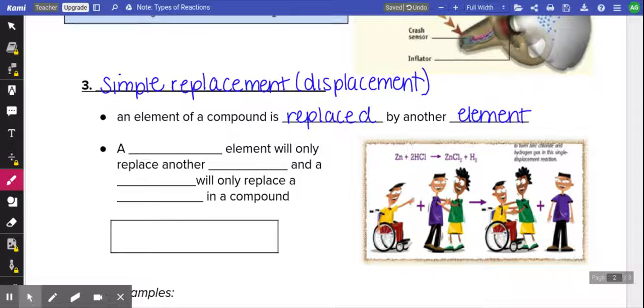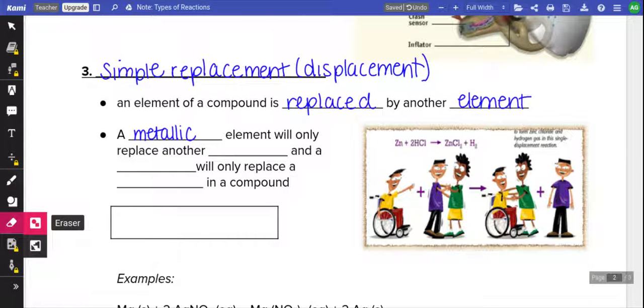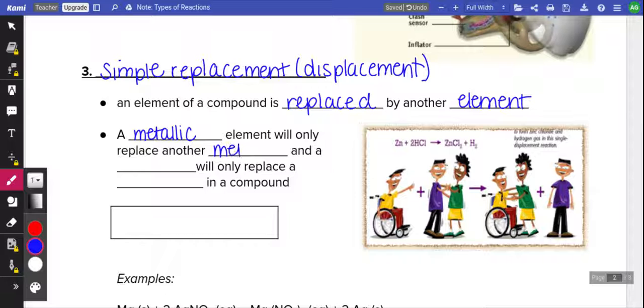In this kind of simple displacement, you're just going to have metal replacing metal and non-metals replacing non-metals. So a metallic element will only replace another metal, and a non-metal will only replace a non-metal.